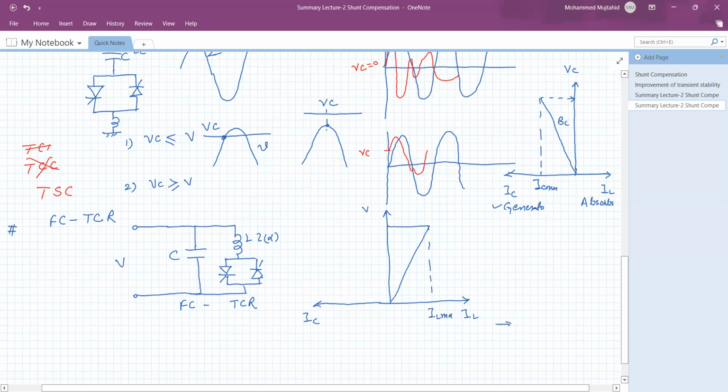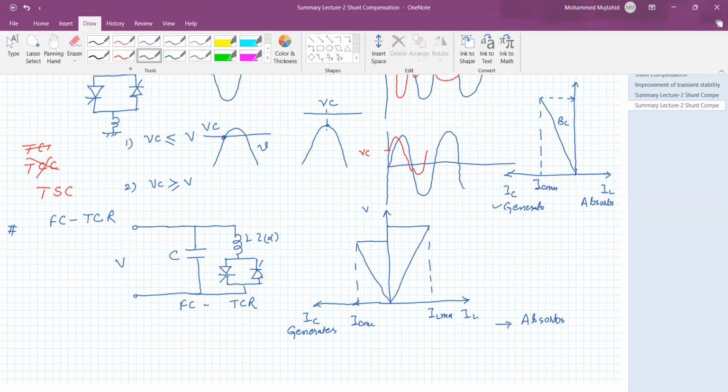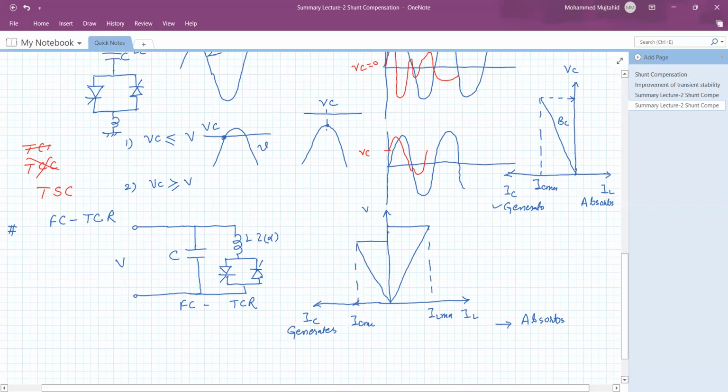On this side, the reactive power is absorbed by the thyristor controlled reactor, whereas the capacitor generates. Deliberately we keep the capacitor at a smaller value. So here is IC maximum.